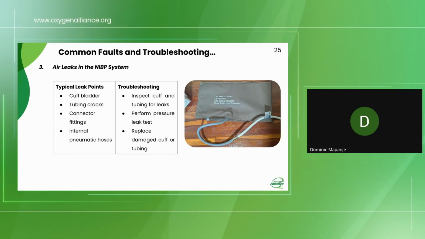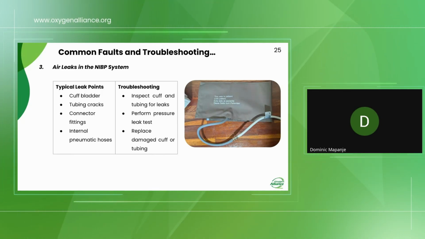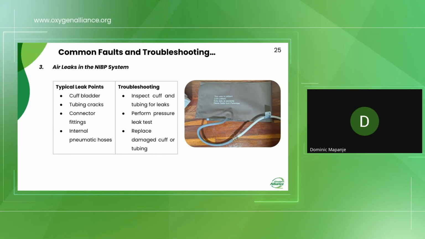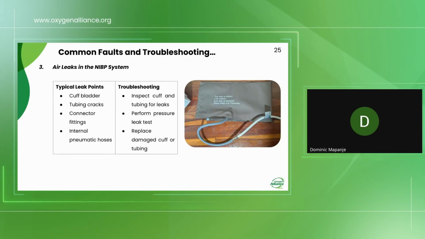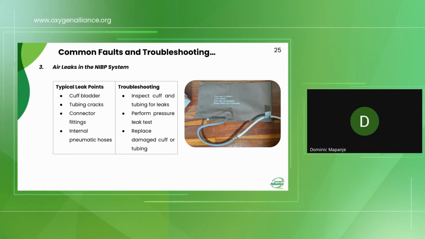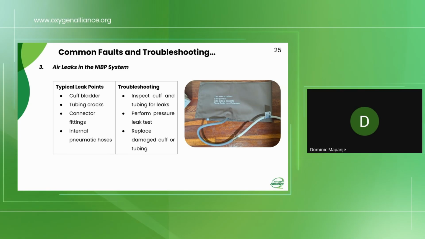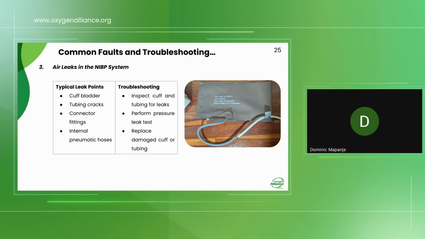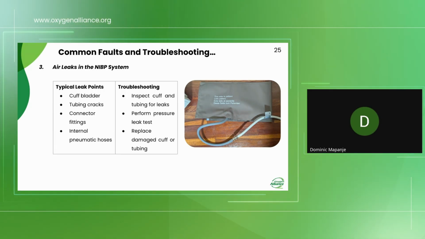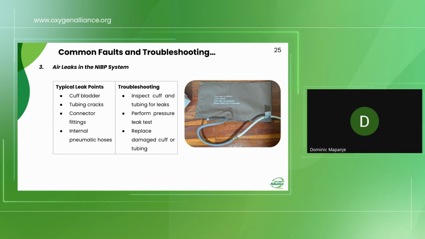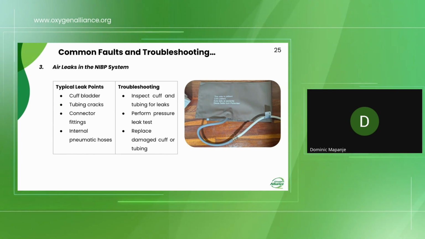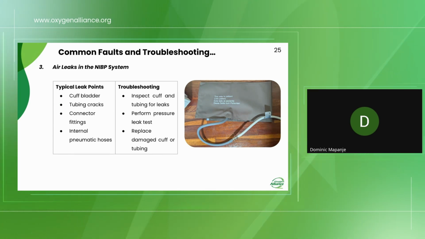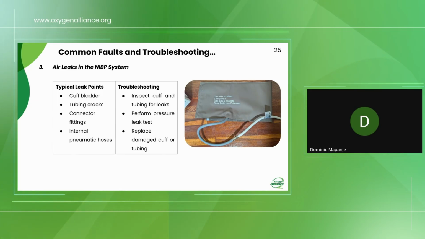You can perform a pressure leak test. On most monitors, not all, there are settings where you can do a pressure test. It measures the pressure that is being produced, and checks that it is indeed the pressure that is being produced. So the monitor knows that there is some kind of leakage.